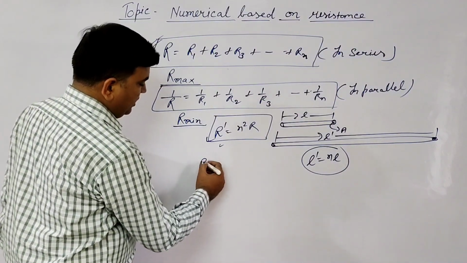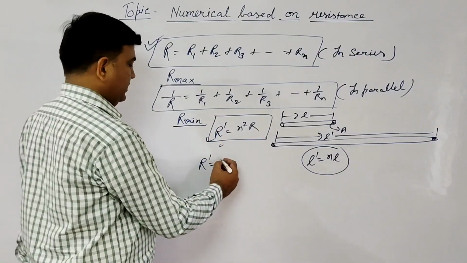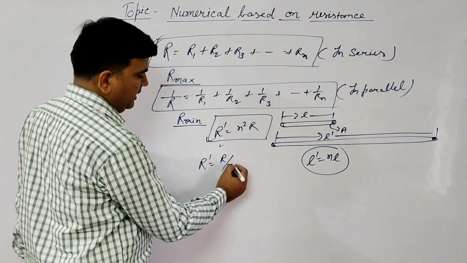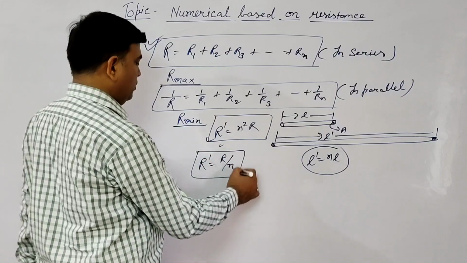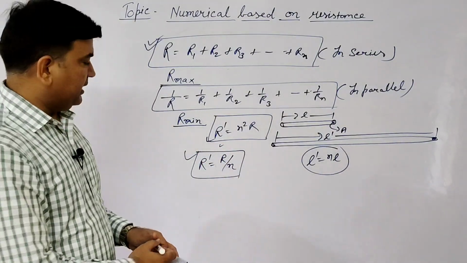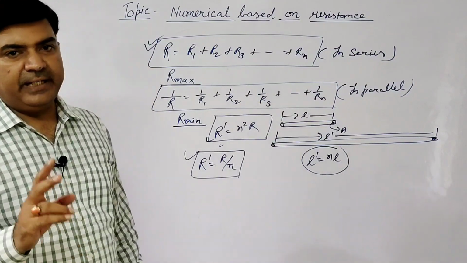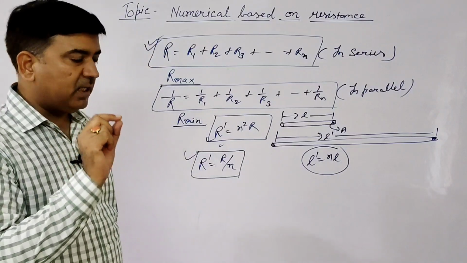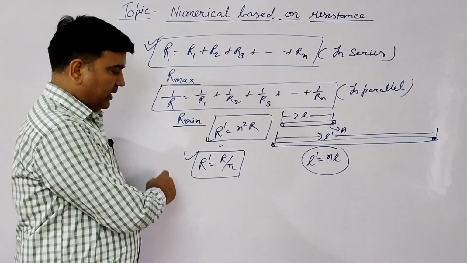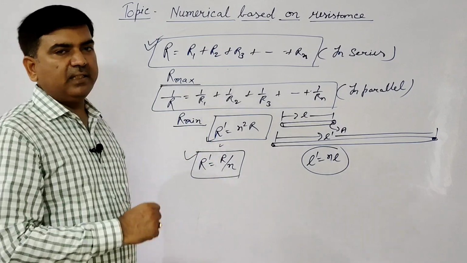And if the wire is cut into n equal parts, then the resistance of one small piece is R dash equals R by n. If any wire is cut into n equal parts, then each part has a resistance of 1 by n times the initial resistance.